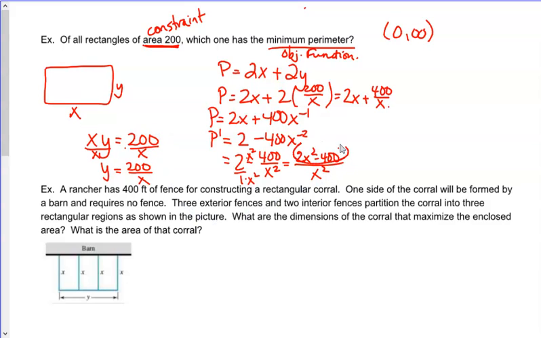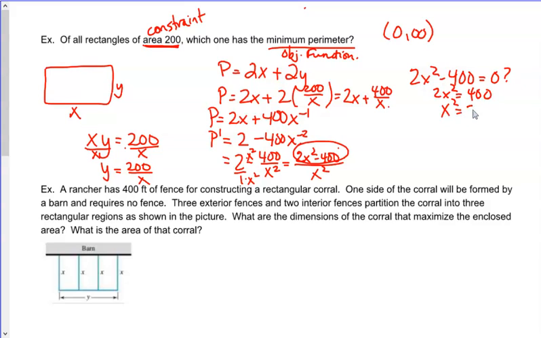What I really want to look at is this 2x squared minus 400. So, if I let 2x squared minus 400 equal 0, I now can figure that out. Here you can divide by 2 if you want, then you can do a difference of squares, but I'm going to solve this by adding 400 over to get 2x squared equals 400.